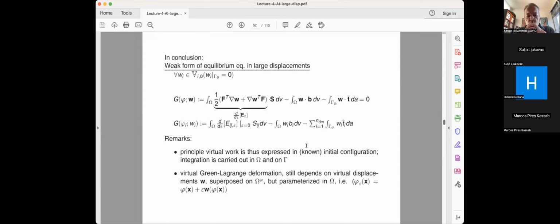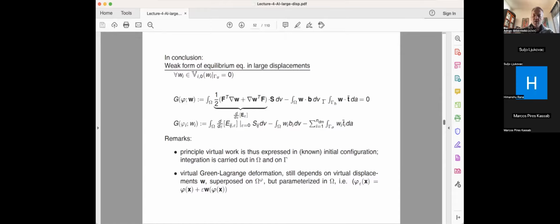So in conclusion, what I just explained to you is basically that if I want to recast the virtual work equation in terms of the initial configuration, I end up having internal work expressed as the second Piola-Kirchhoff stress, paired in terms of the work with the variation of the Green-Lagrange strain.